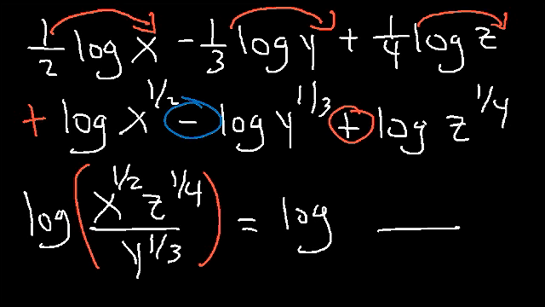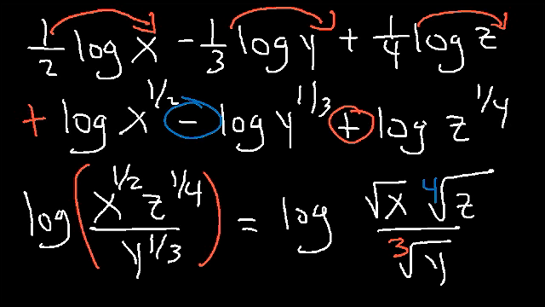X to the 1/2 is the same as the square root of x. Z to the 1/4 is equivalent to the 4th root of z. And the cube root of y, we can write it this way. So this is the answer in radical form.